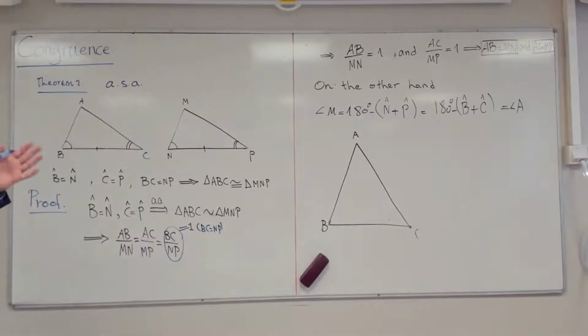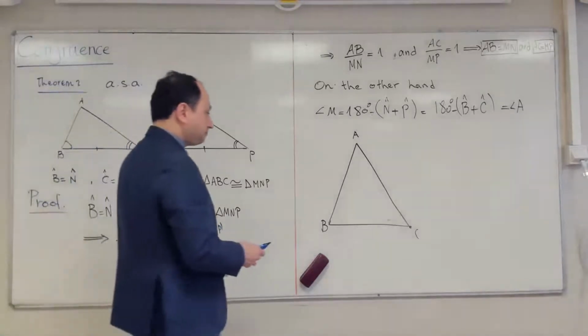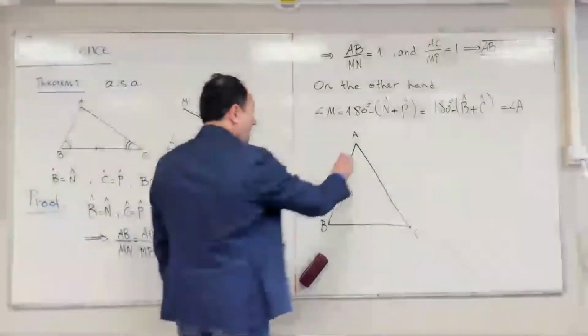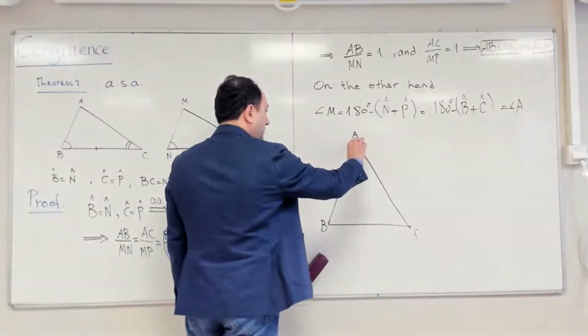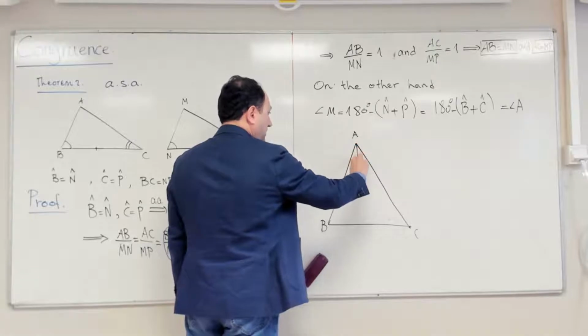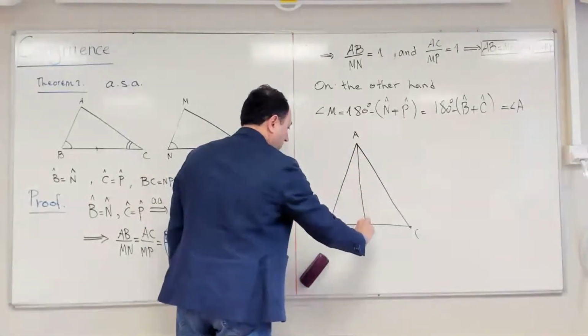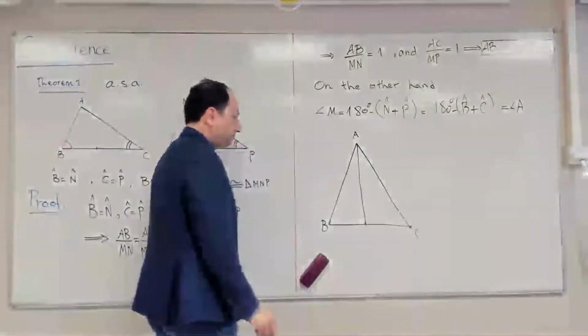But no, I'm not giving you that. Might be it is isosceles, might be not. But what I tell you is that I draw the bisector of this angle, and then continue it until it intersects with this side.